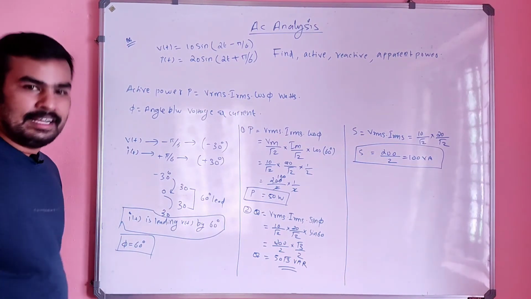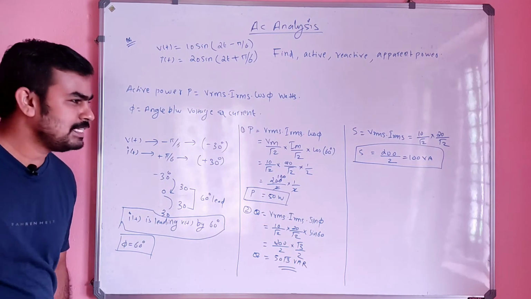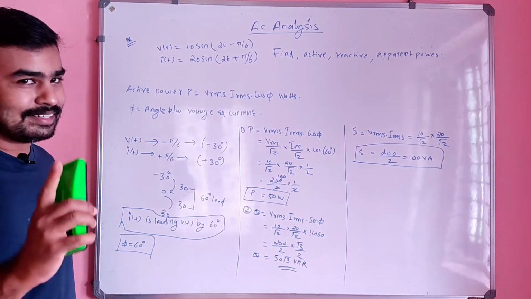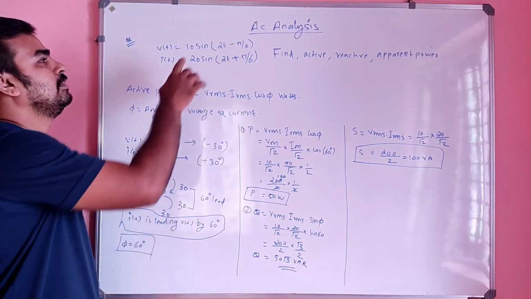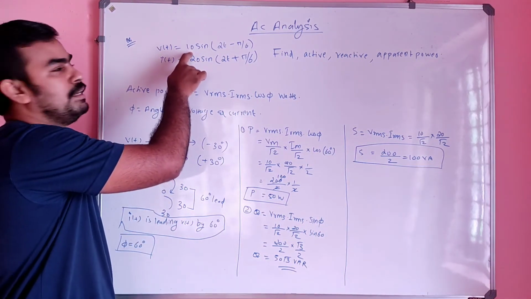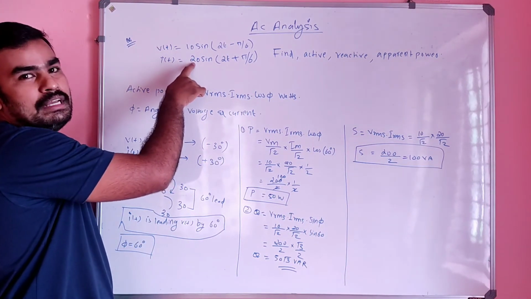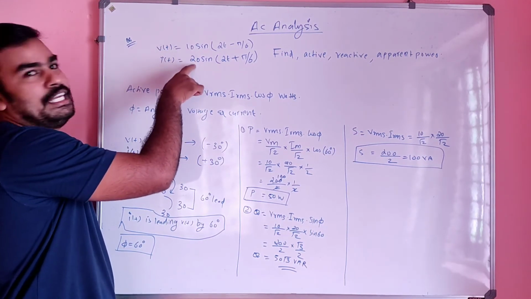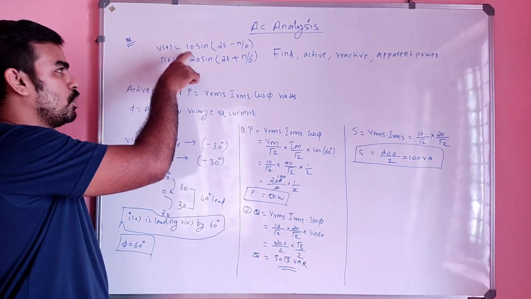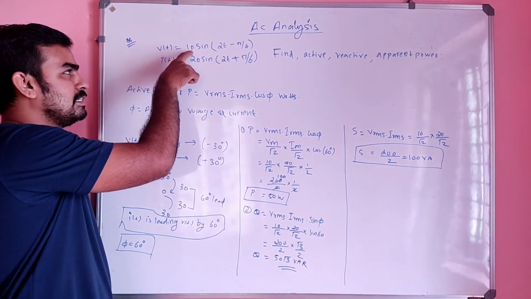So did you get the idea? This is a simple problem, no? This is a simple problem, but there is a chance of making an error here. You may directly take it as simply V and simply Im. See, V and I you may take, there is a chance. It is wrong. You should take Vrms.